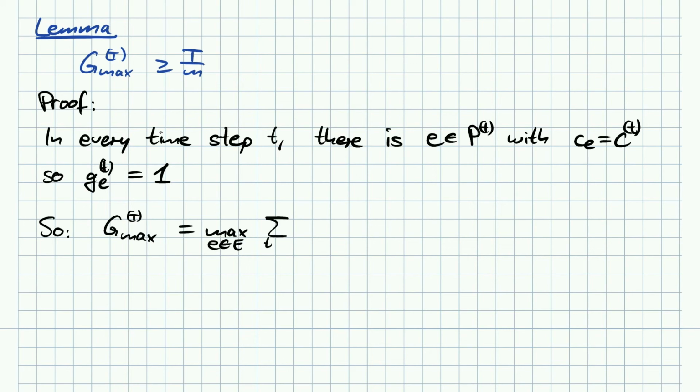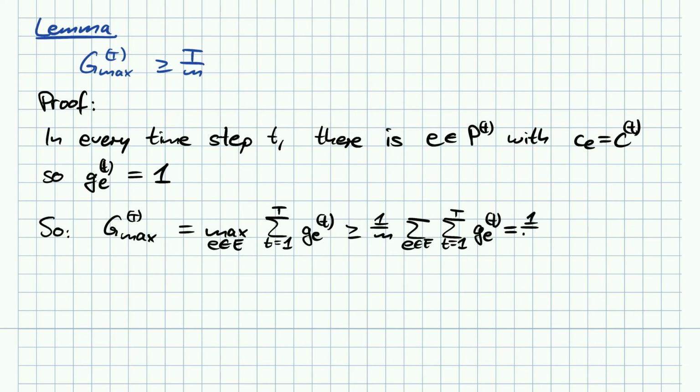Well, what we're doing here is nothing but taking the maximum over all edges of the sum over all time steps, and what we could do instead is take the average over all edges. And in this double sum, we know that for each t, there is at least one g_e which is at least 1.